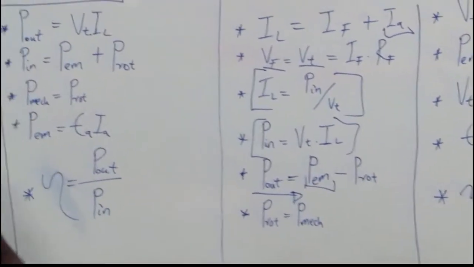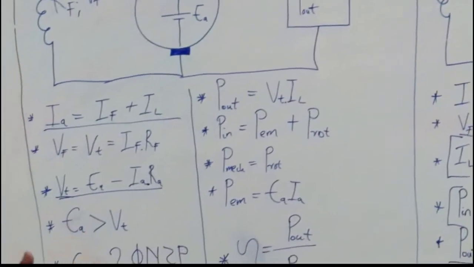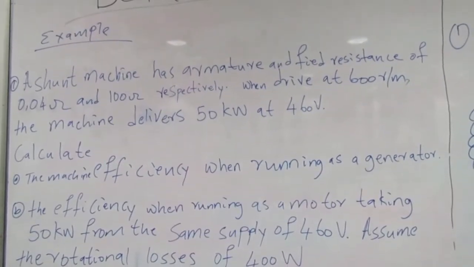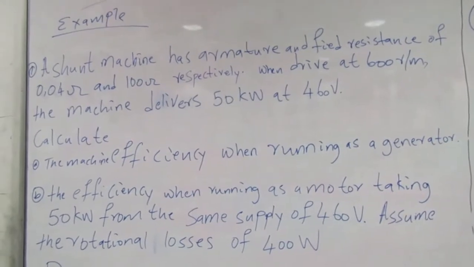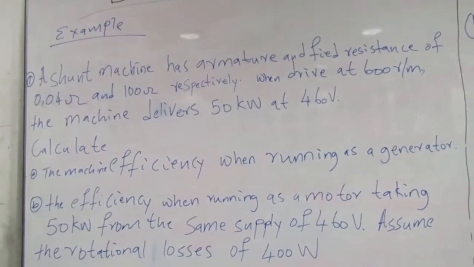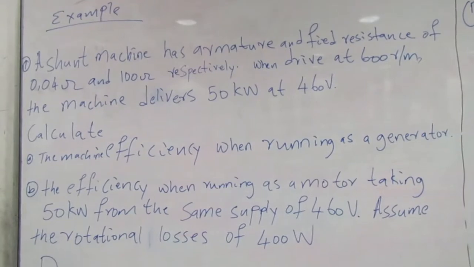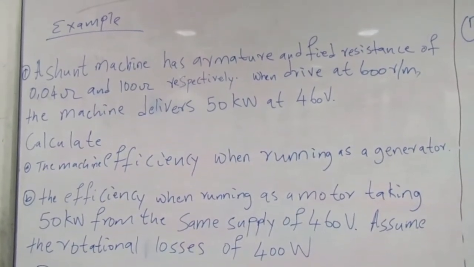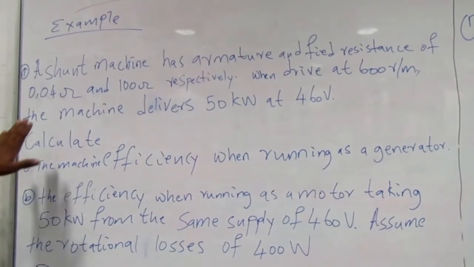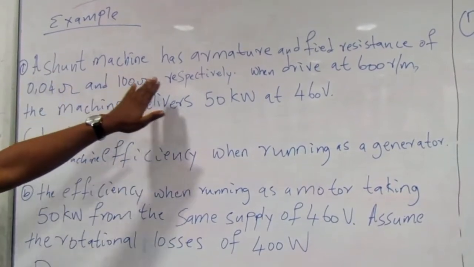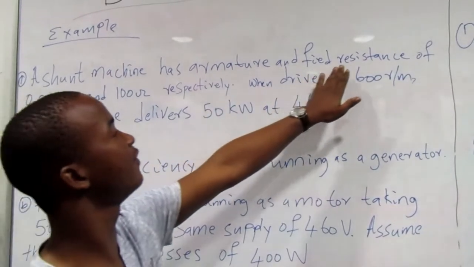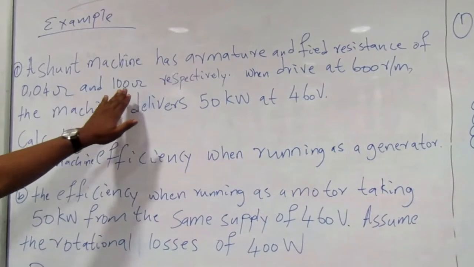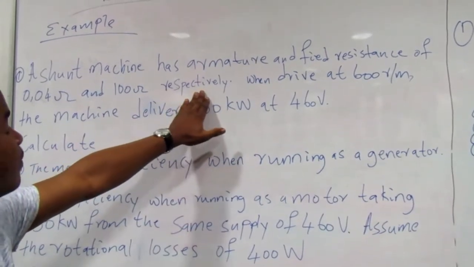I'm going to do the example of this shunt generator and shunt motor. Okay guys, now we are doing an example of a shunt generator and shunt motor, as I was explaining the basics of it. Our example says that a shunt machine has an armature resistance and a field resistance of 0.04 ohm and 100 ohm respectively.